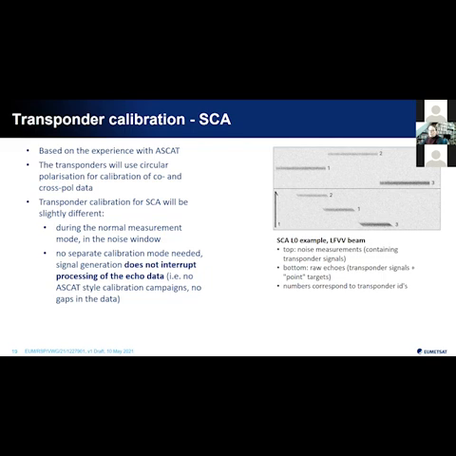So the transponders will wait until the satellite passes, and then repeat back the signal after a certain delay, so it ends up not in the echo window, but in the noise window. So we will not have any gaps in the data during the calibration, which is good because we can then do this more continuously.